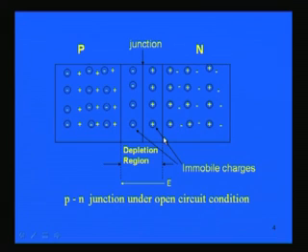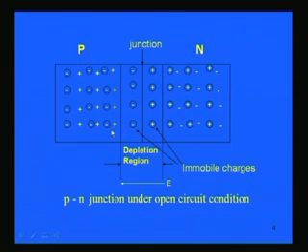So, that means a potential is developed, positive on the right side and negative on the left side. This potential will now prevent or stop further movement of free charge carriers, because as this side is positive and this side is negative, these holes are now repelled by this positive charge on the right side.